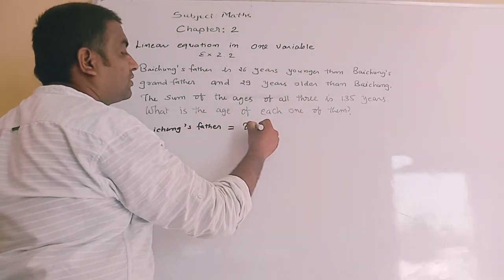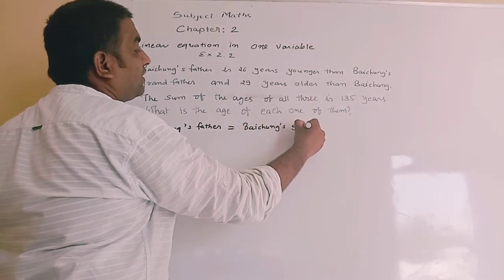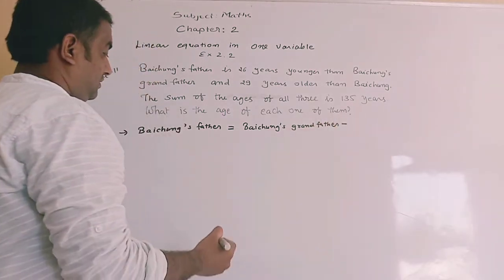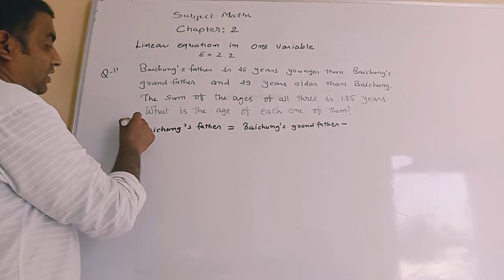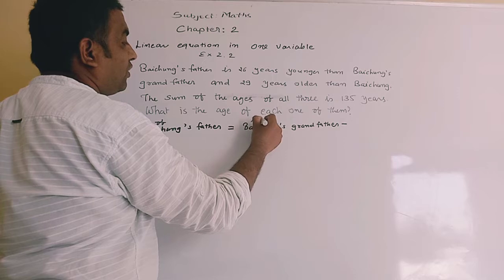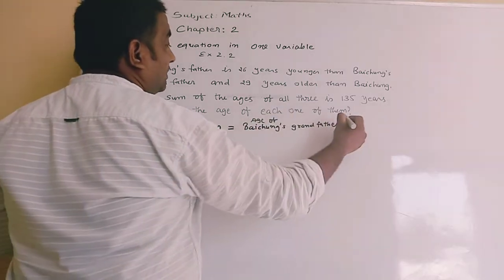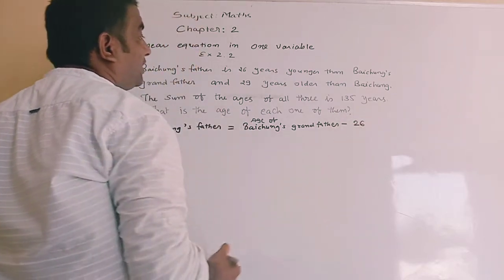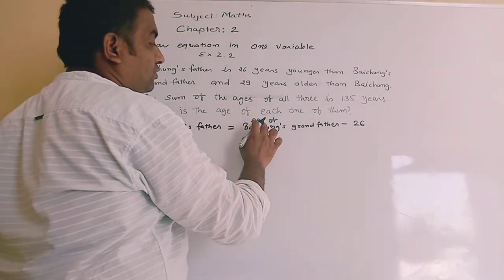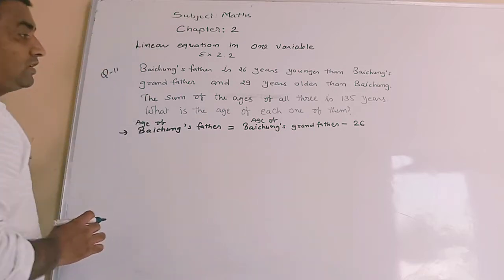So the age of Baichung's father and the age of Baichung's grandfather: 26 younger means 26 minus. So the age of Baichung's father equals the age of Baichung's grandfather minus 26.